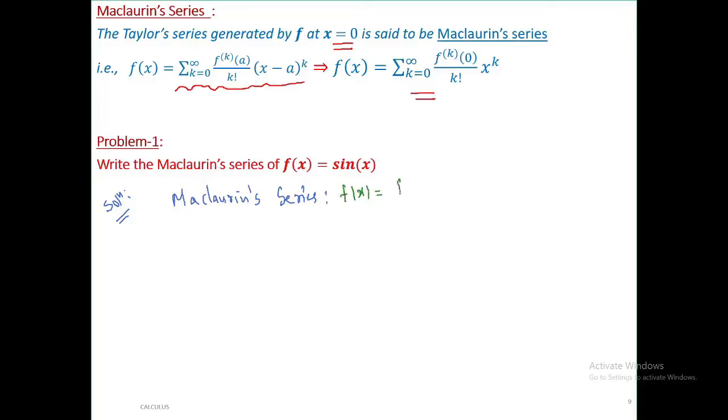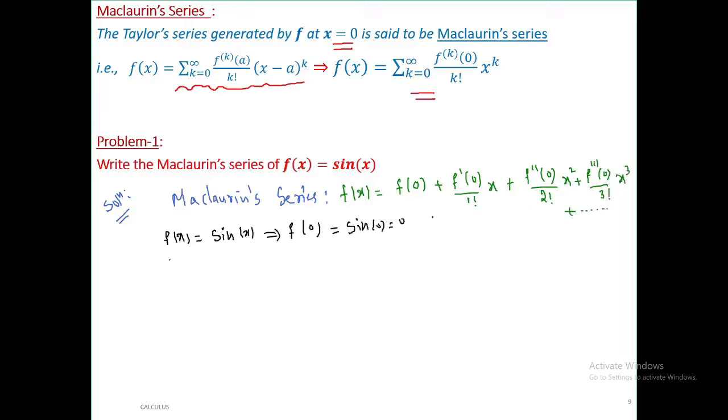So first f at 0, plus f dash of 0 by 1 factorial into x minus 0, that means x minus 0 power 1, x only, plus f double dash at 0 by 2 factorial into x power 2, plus f triple dash at 0 by 3 factorial into x power 3, plus up to so on. That's it. So this is Maclaurin.